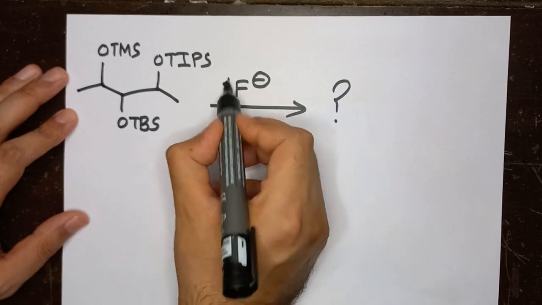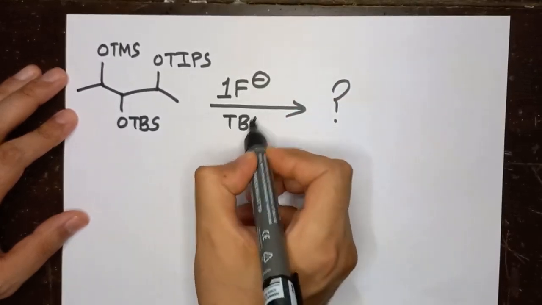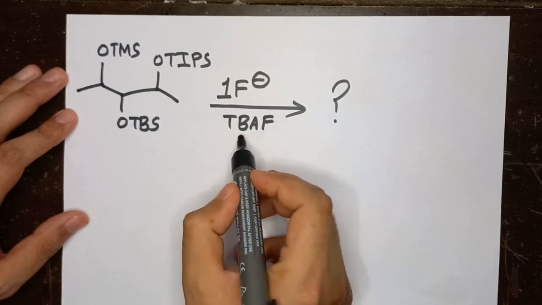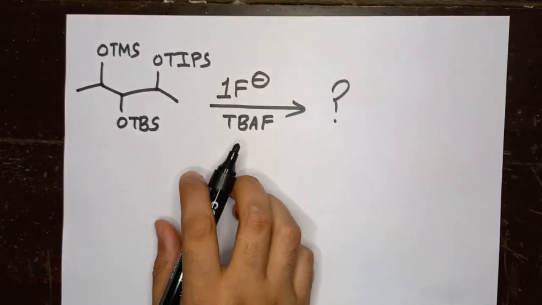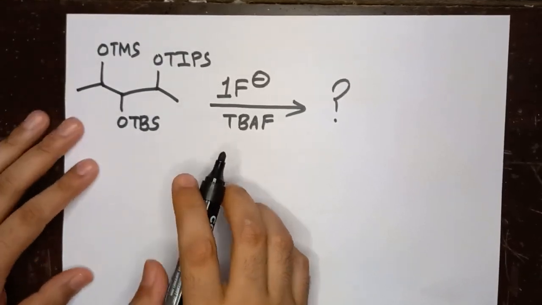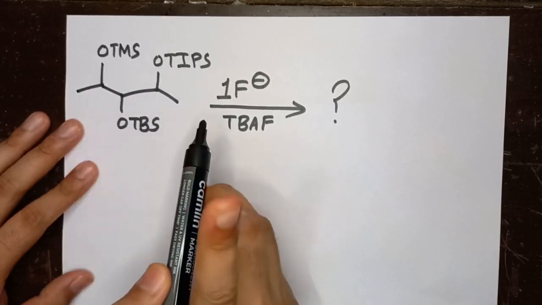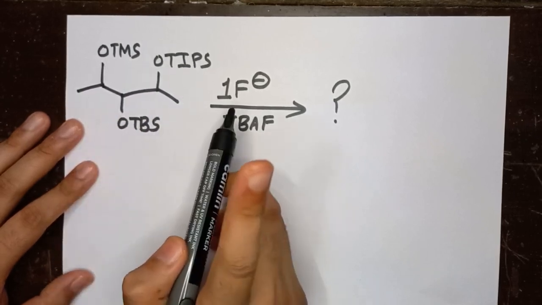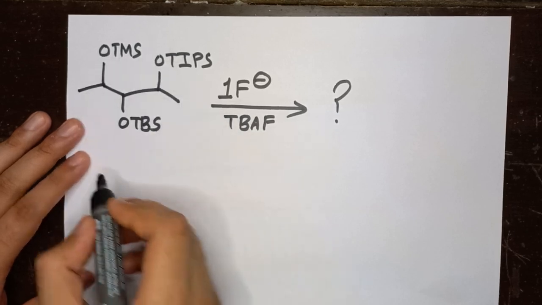I'm using just one equivalent of F minus source. Let's say I have TBAF, tetrabutylammonium fluoride. So we know we have only one F minus source. So out of these three, only one silyl group is going to deprotect and will generate OH. But which one of them?